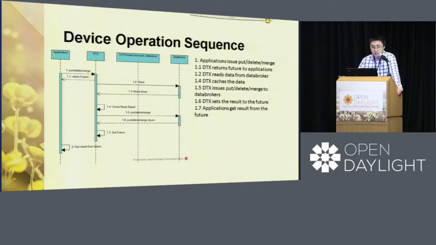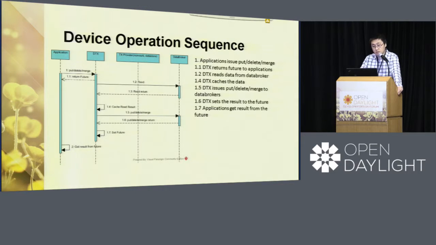After DTX gets the result of the real write, it will set the result in the future which was returned to the application. After 1.7, the application will be notified that the task is done.